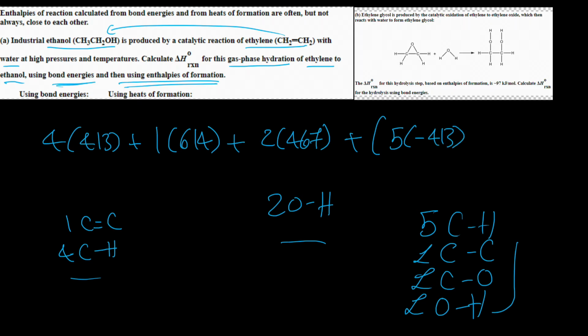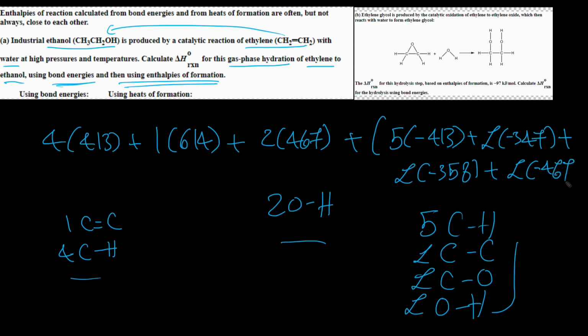I'm saying negative because the bonds that are forming release energy, so they are considered exothermic. So we got 5 CHs, we add that to 1 of the CCs, which is negative 347. Add that to 1 of the COs, which is negative 358. Add that to 1 of the OHs, which is negative 467.